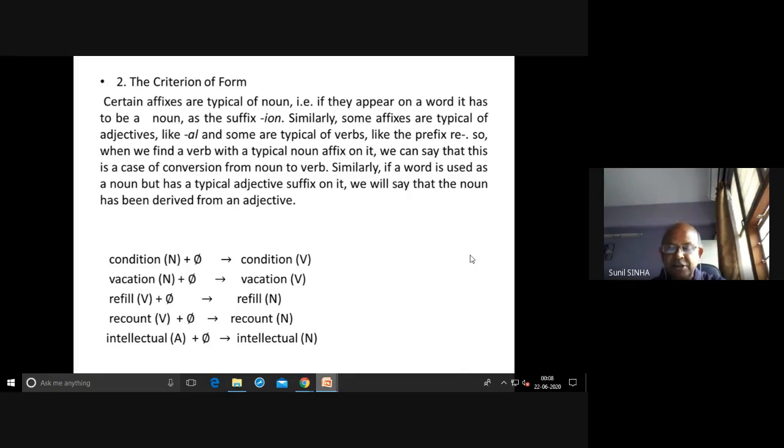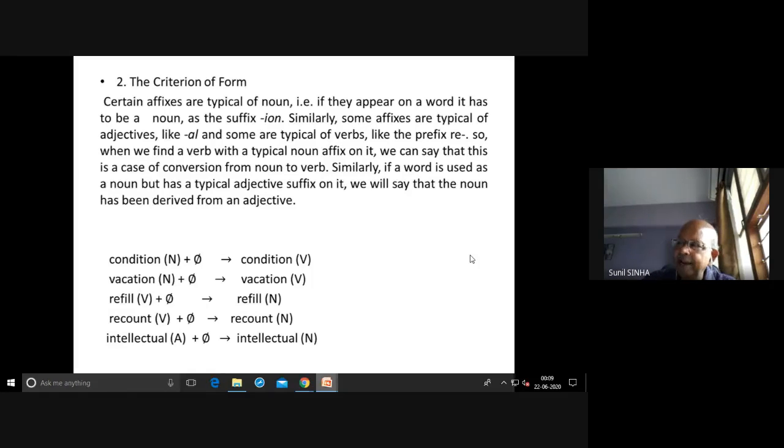Similarly, the word intellectual. AL is a suffix which is added to an adjective only. Like electric, electrical. Economic, economical. He is very economical. This is an electrical matter. Electrical matter.